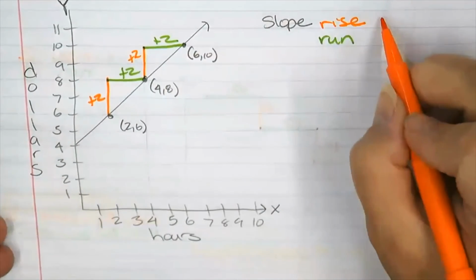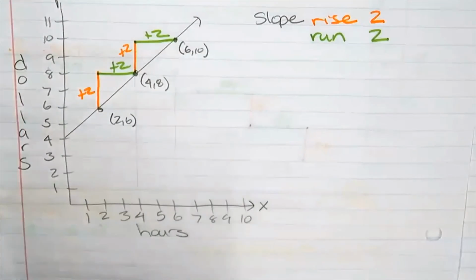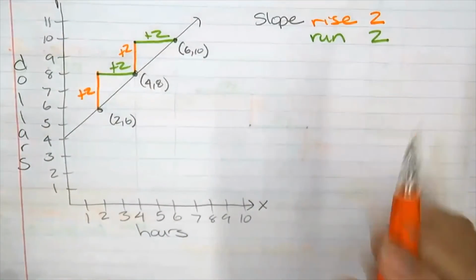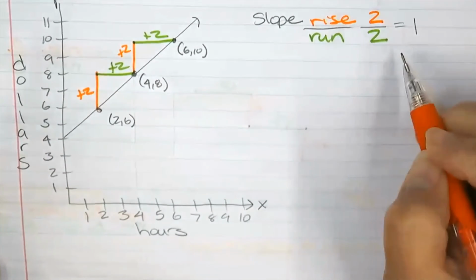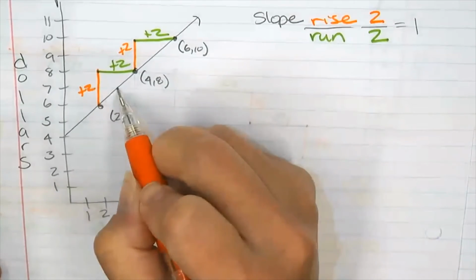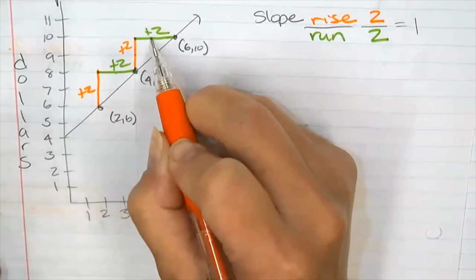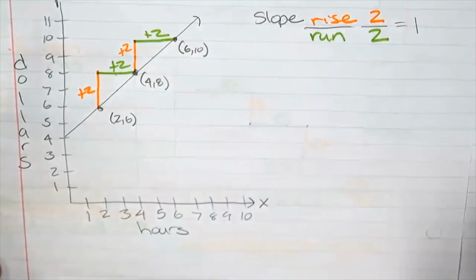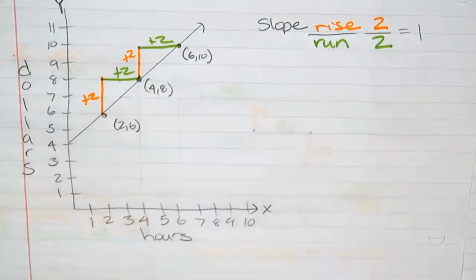So my rise is 2, my run is 2. 2 divided by 2 is 1. My slope is 1. And what that means, I go up 1, over 1, up 1, over 1, up 1, over 1. So yeah, that kind of makes sense. So we've got the slope. We know how to do that.